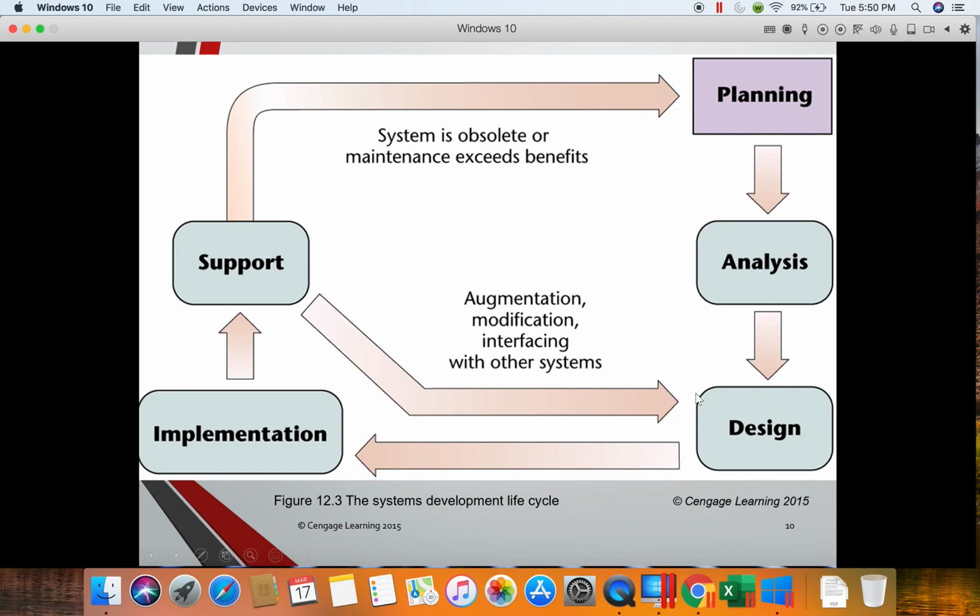So we may cycle back to design and design some additional interactions or modifications, implement those, and we keep cycling here until we decide that it's a major change that needs to happen. The system is obsolete. We can't use it anymore, and we cycle back to the beginning and start all over. Because this forms a cycle instead of stopping after support, they refer to it as the system's development life cycle.